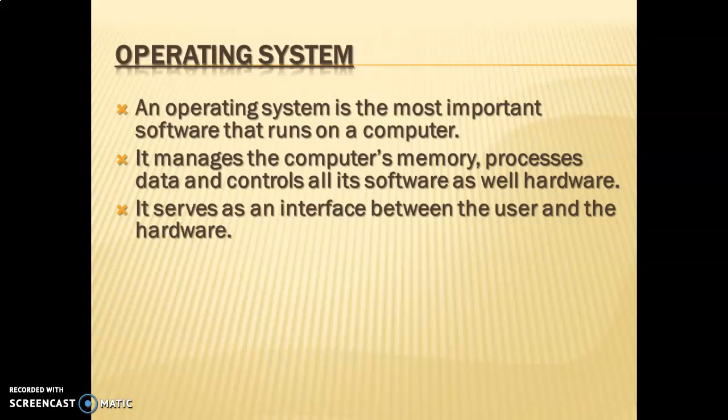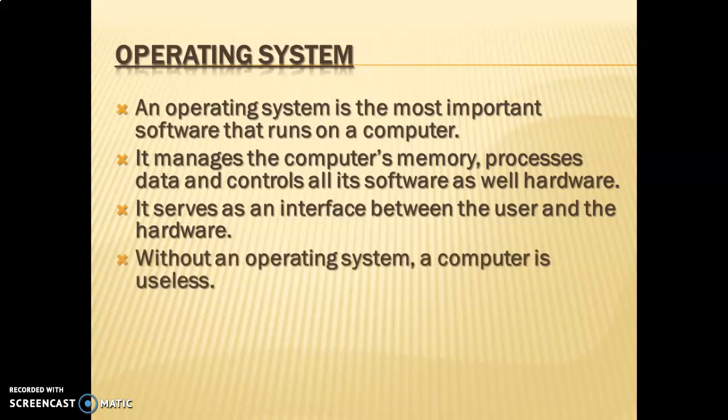When you have to do work with the help of the mouse, there is a pointer on the screen. When you press the left mouse button and you want to open a particular file or a particular button on your operating system, you do it with the help of a mouse. But how do you do it? It is an interface. It is because of the operating system. So the operating system is the link between the user and the hardware.